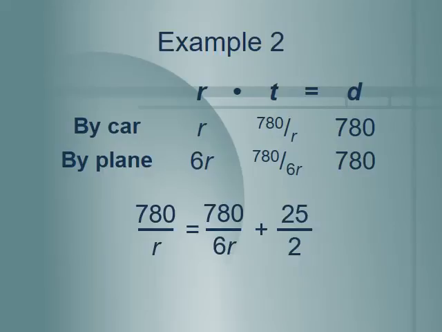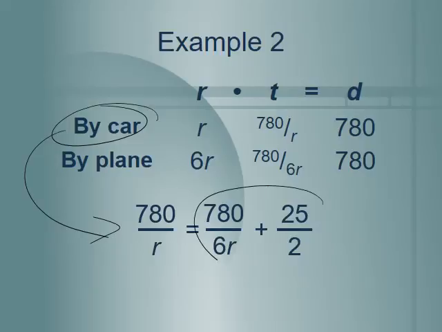So if we look at the fact that 780 over R equals the plane plus, so we're taking the car, which is here, equals the plane plus the 12.5 hours, because it said it's 12.5 hours shorter.